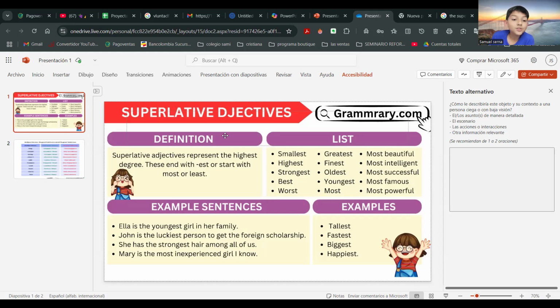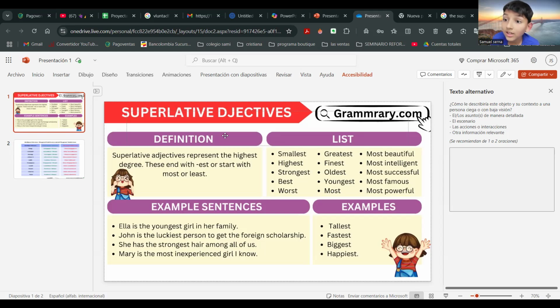For example, you can see an example of a sentence: Ella is the youngest. I use the in the superlative adjectives. Another sentence: John is the luckiest. The luckiest.